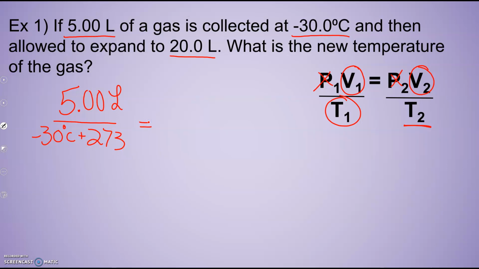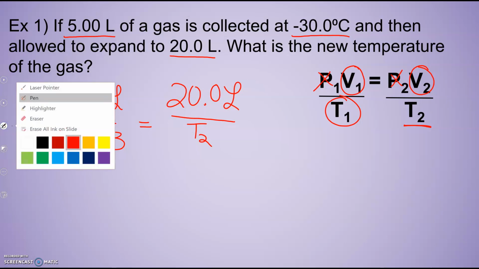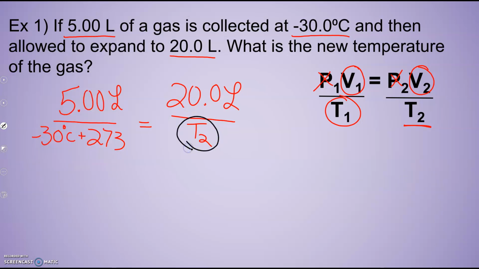That's equal to our second volume, 20 liters, over our unknown T2. All right, so the issue right now is we are solving for a variable that is on the bottom. That's a no-no. So we want to bring it to the top. The easiest thing to do is to cross multiply. So bring that up here.